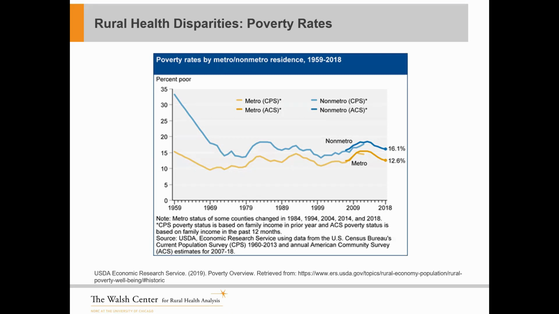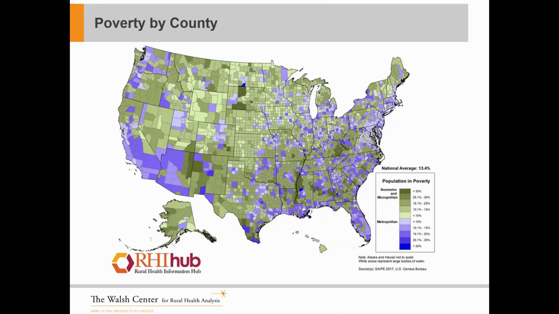However, we have never been able to achieve the same affluence of urban communities in rural. And that difference persists over time. So once again, we are looking at a difference between about 13% and 16% metro versus rural communities.